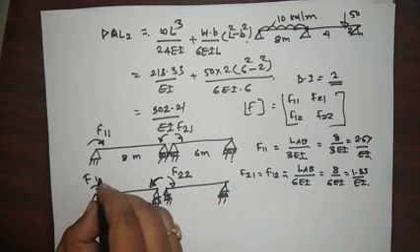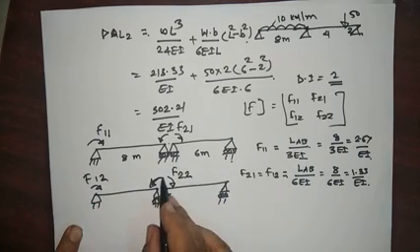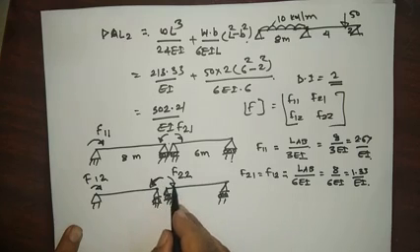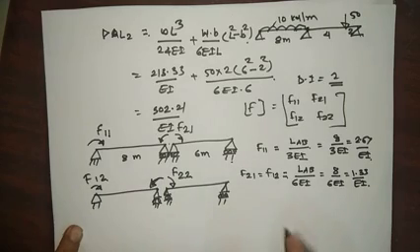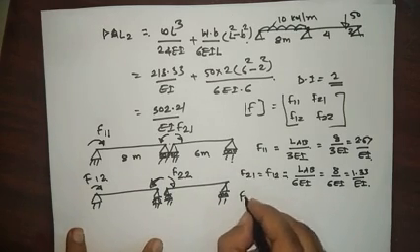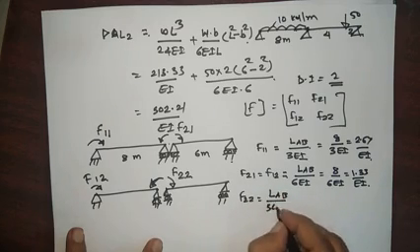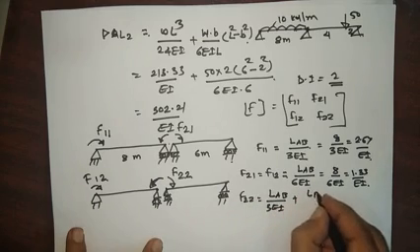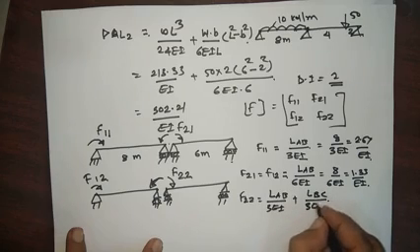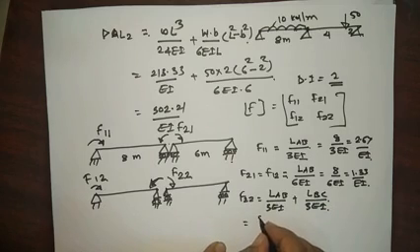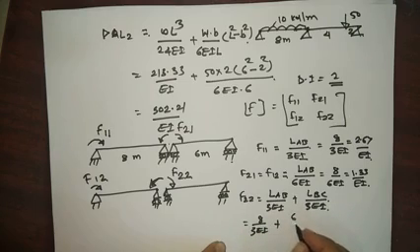So F22 is applied the rotation in the span AB also and in the span BC also. So F22 becomes L of AB divided by 3EI plus L of BC divided by 3EI. So here L of AB is 8 by 3EI plus this becomes 6 upon 3EI.